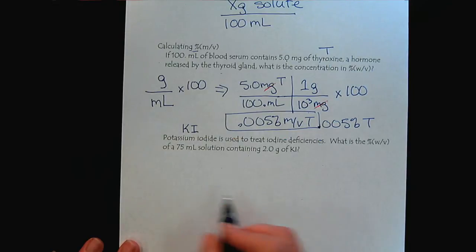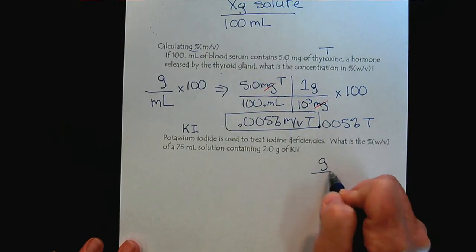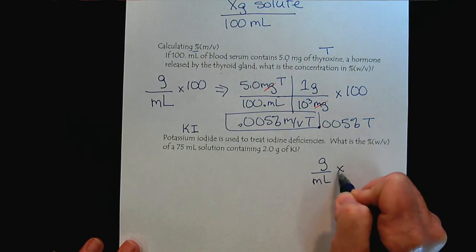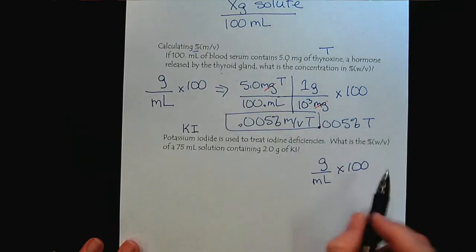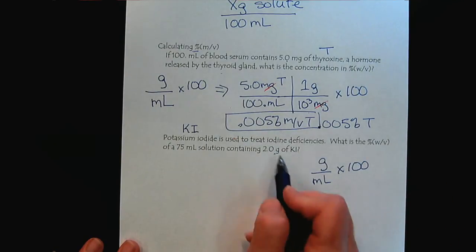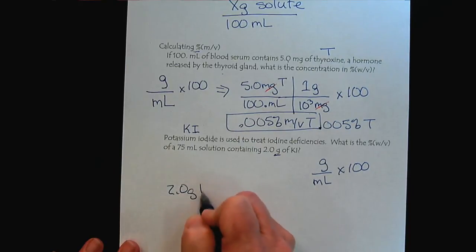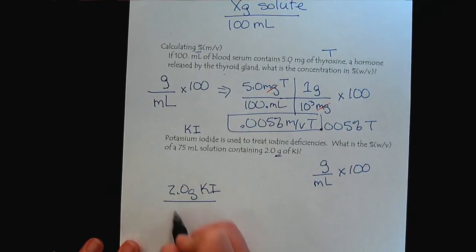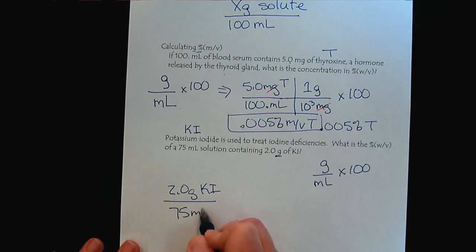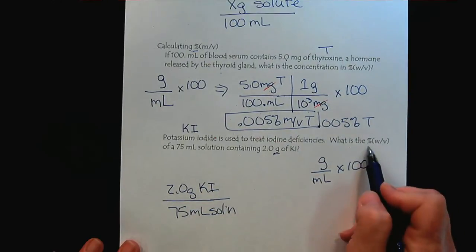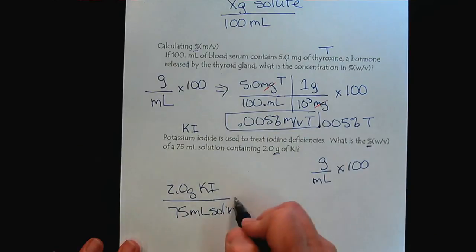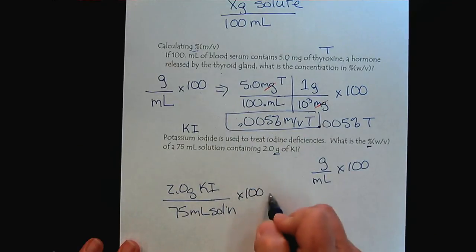So remember that we want it to be grams over milliliters times 100. So here's our mass. We can tell by the mass units of gram, 2.0 grams potassium iodide, 75 milliliters of the solution, and because we're asked to do a percent, we'll multiply by 100.